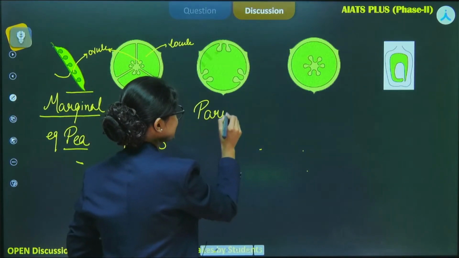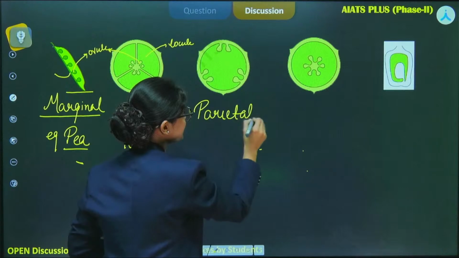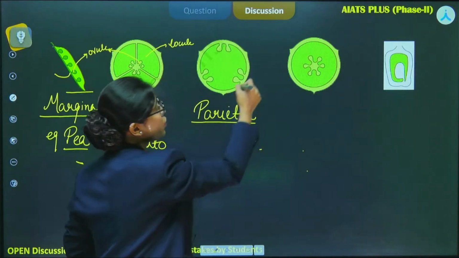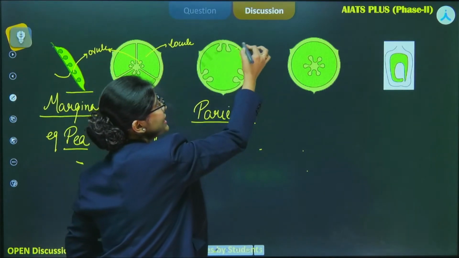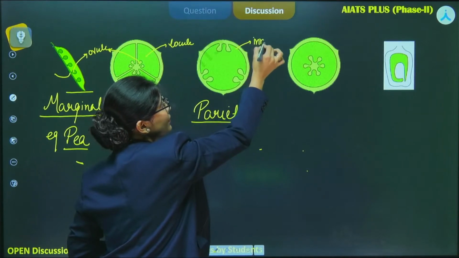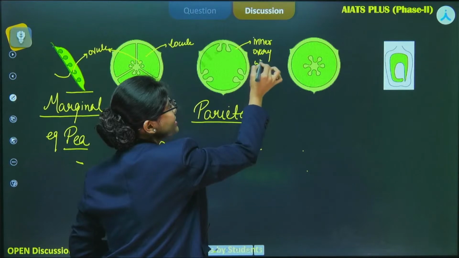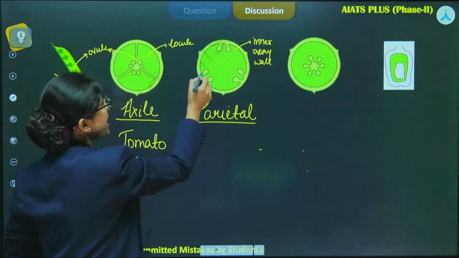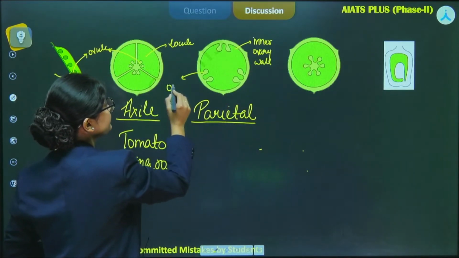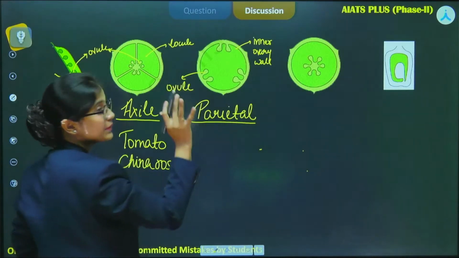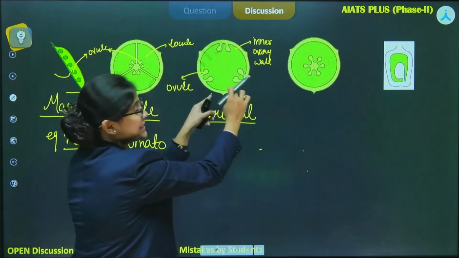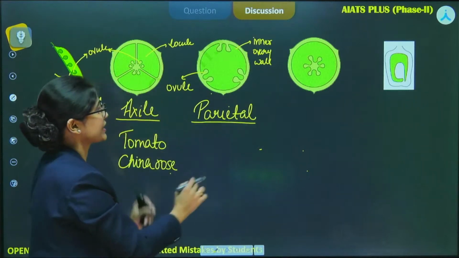Here you can see how ovules are attached to the inner ovary wall. This is the inner ovary wall, and ovules are attached to it. So here the placenta is where ovules are attached.